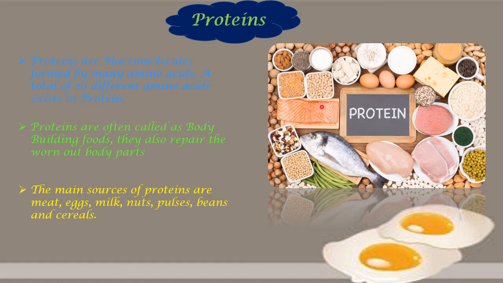Definitely, all the food items that we eat don't contain only one particular nutrient. For example, if we take milk, it contains proteins as well as minerals, also fats. So many things are present in that one particular food item. This is how the nutrients are distributed in the food materials.